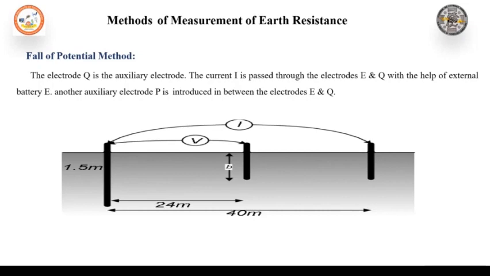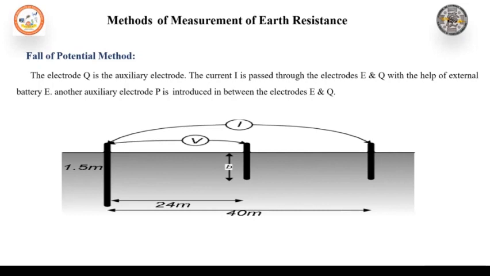So, near the electrode E, the current density will be very, very high. Similarly, near electrode Q also current density is high. Thus, if the distance of electrode P is changed between electrode E and electrode Q, the electrode P experiences a change in potential near the electrodes, while a constant potential between the electrodes but away from the electrodes.